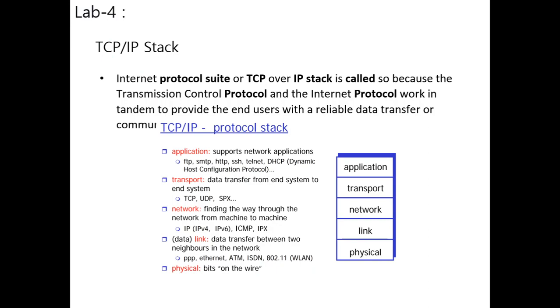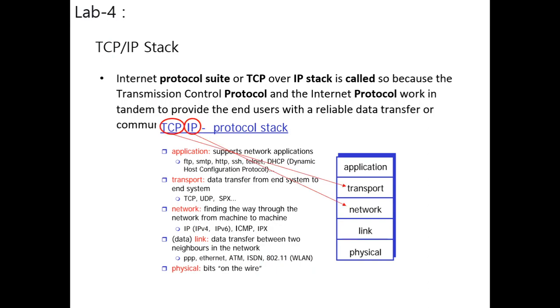Then there is the transport layer, where we have the TCP or UDP protocols that provide support to the application layer. Next, we have the IP layer, best effort, which provides service to TCP and UDP. So all the layers provide support to the upper layer. The data link layer is close to the physical one and helps the packet reach from one hop to another. Physical would be the bits on the wire.